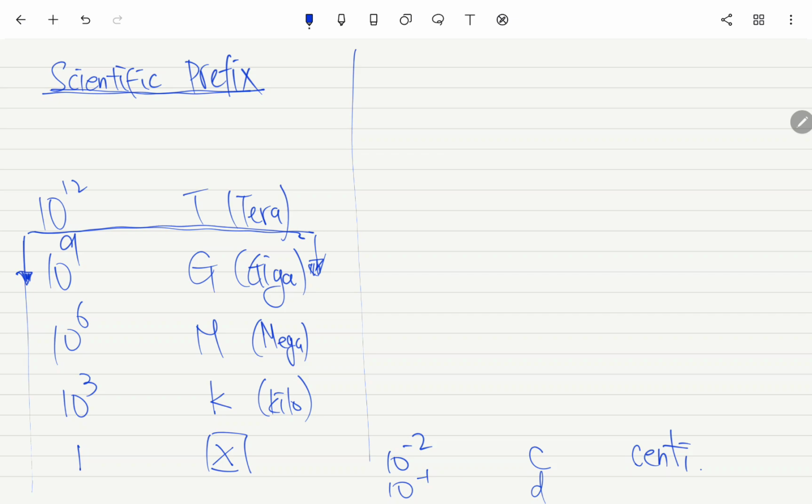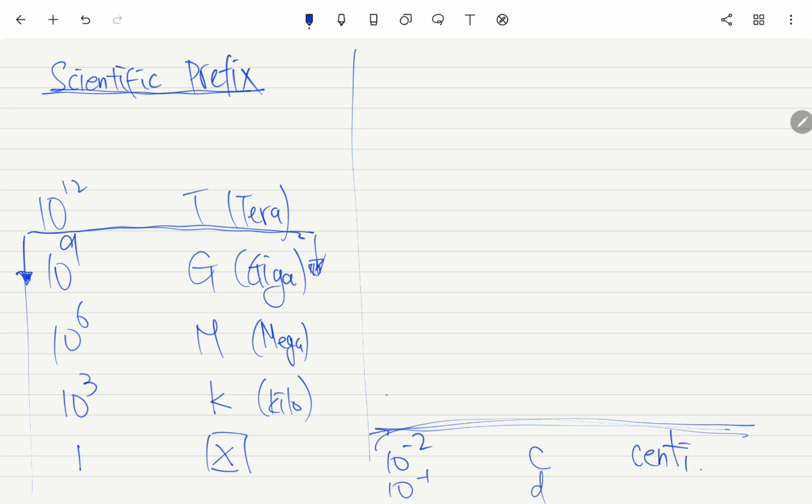I don't know the full name of it, but d stands for 10 to the negative 1. Sometimes we call 1 dm, which refers to 0.1 meter, but it is quite rare to use this d. So maybe you can just ignore these two. I think you should know centimeter from primary class.